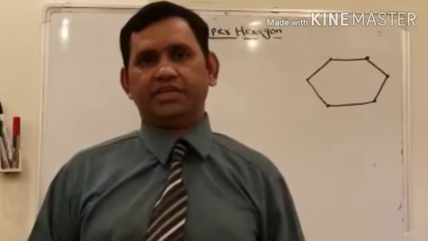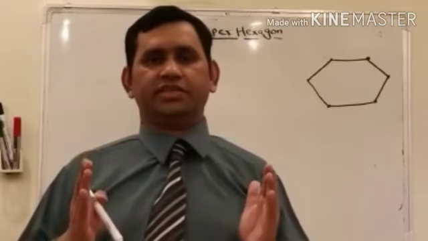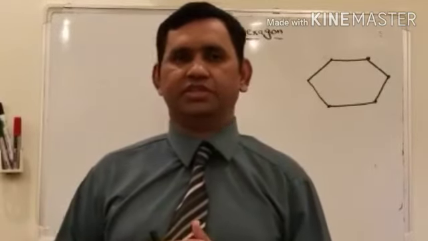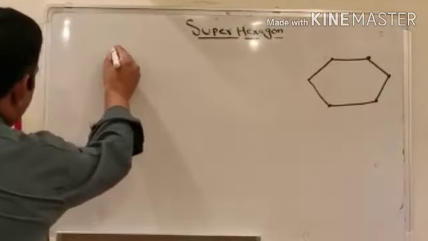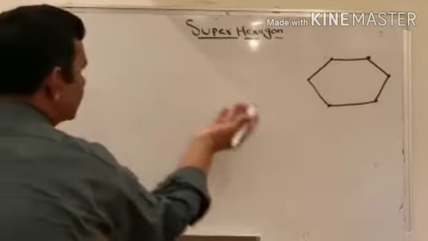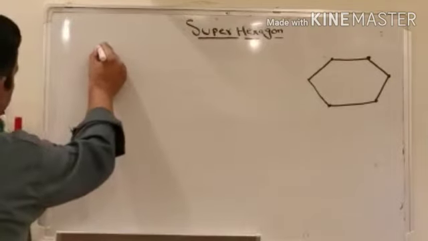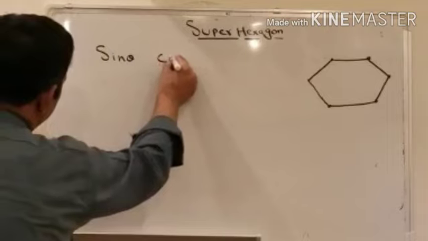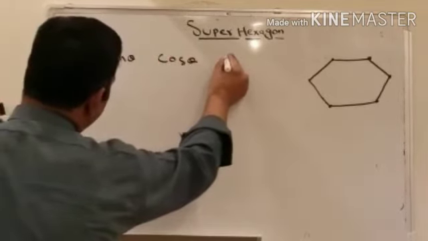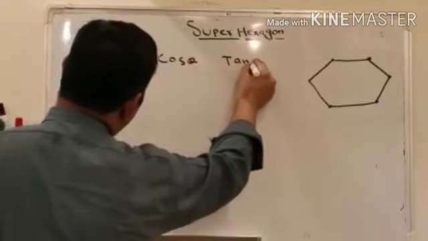As you know, there are 6 types of trigonometric functions. Sin theta, cos theta, tangent theta.